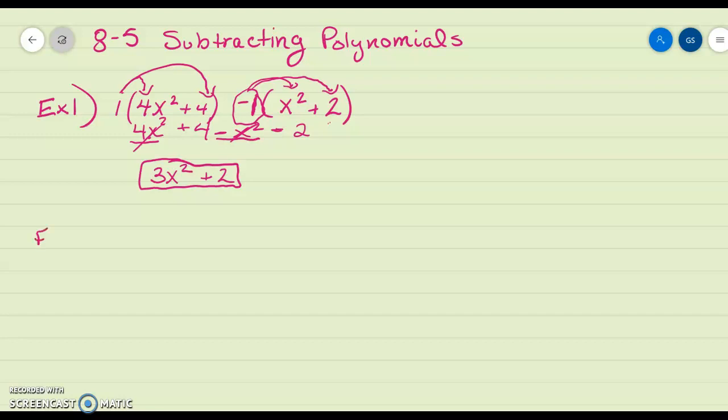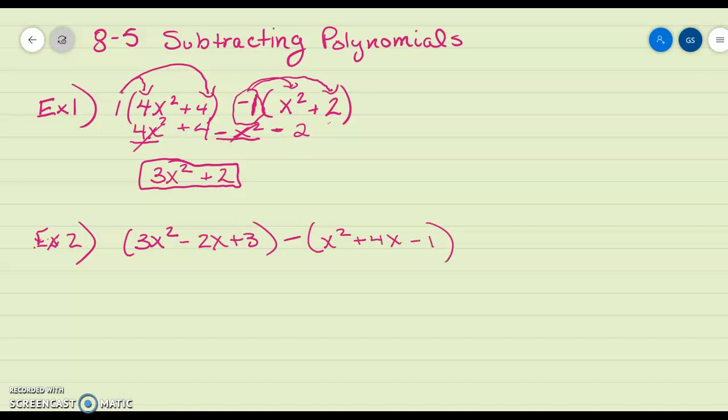Example number 2. It's going to be a little bigger, but the same idea. (3x squared minus 2x plus 3) minus (x squared plus 4x minus 1).